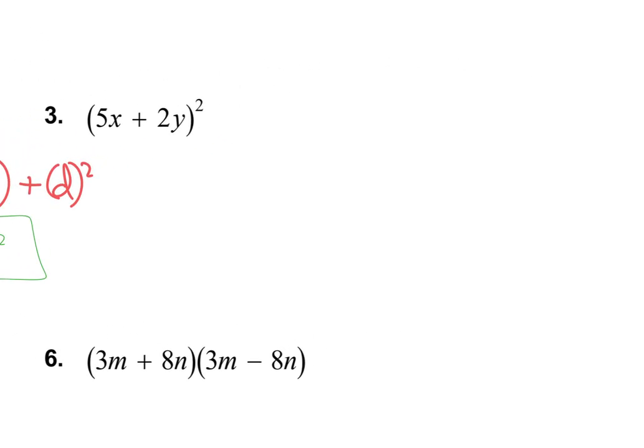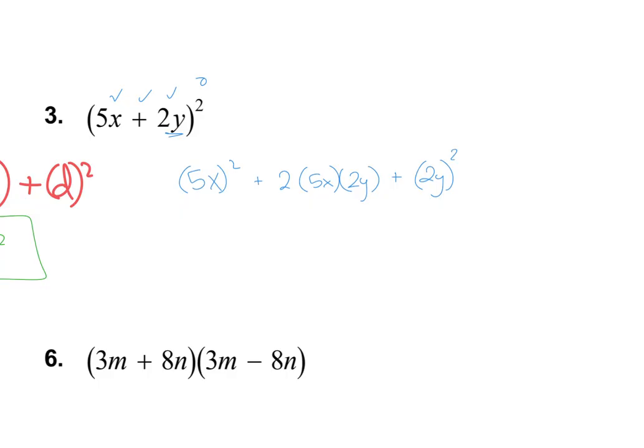We have a number plus a number, and it's being squared. So we're going to have that first number squared plus 2 times the first number times the second number plus the second number squared.